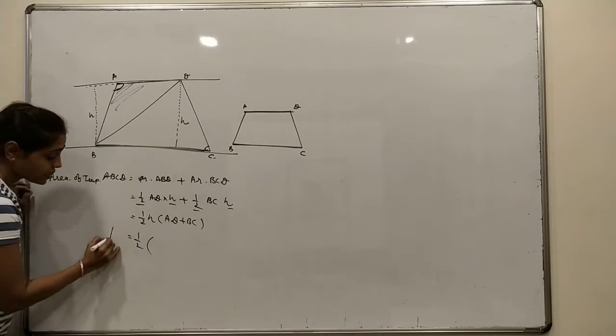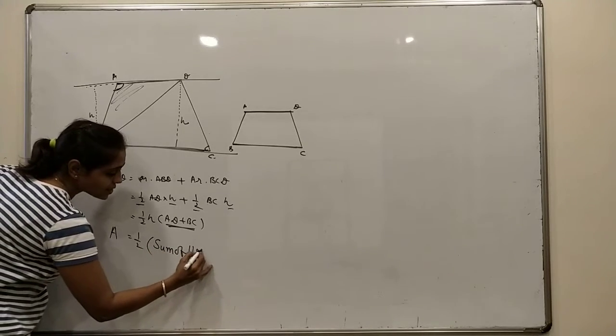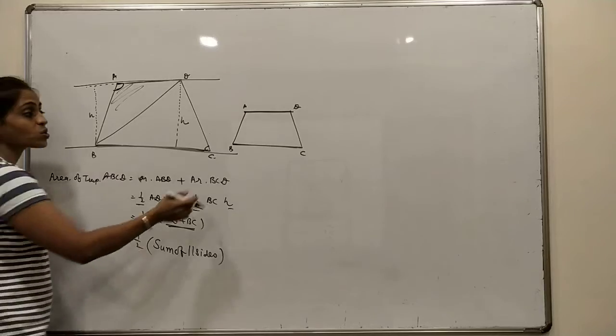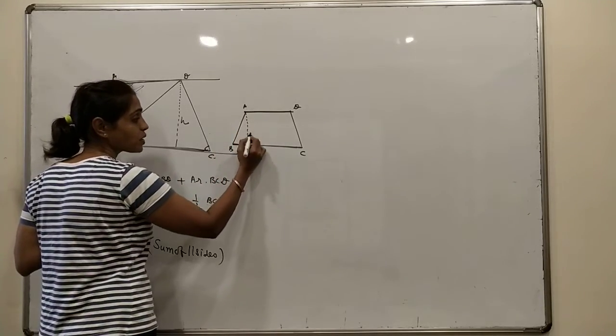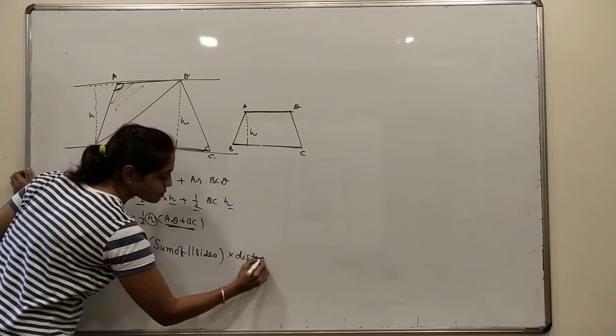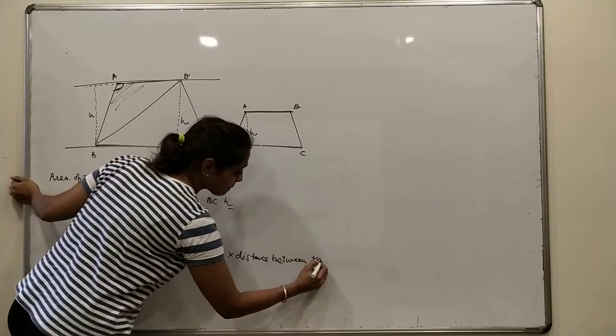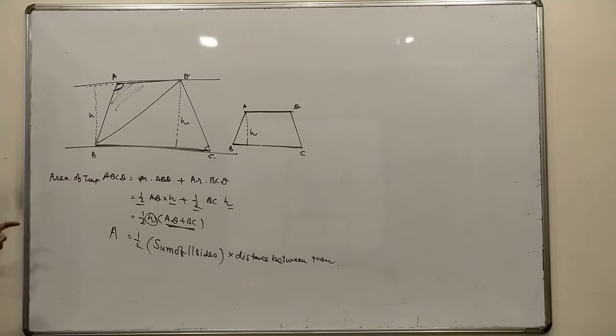So area of trapezium is 1/2 of sum of parallel sides. Take the sum of the parallel sides, and the distance between them, that is H. H means distance between the parallel sides. Okay, this is the formula for trapezium: 1/2 of sum of parallel sides into distance between them. Right? Sum of parallel sides into distance between them is the area of trapezium.